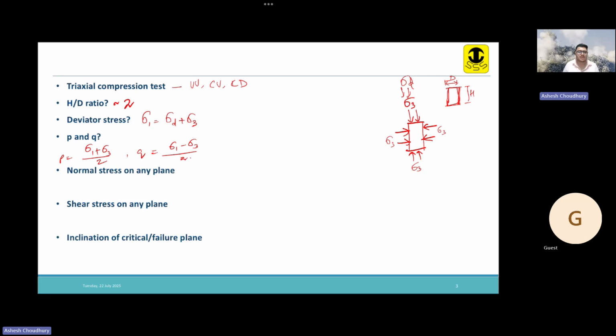Now, the normal stress on any plane. We are doing a triaxial test, and we have any plane that is inclined at an angle theta with the horizontal. What is the normal stress on any plane? It is nothing but sigma n equal to... Similarly, the shear stress on any plane.